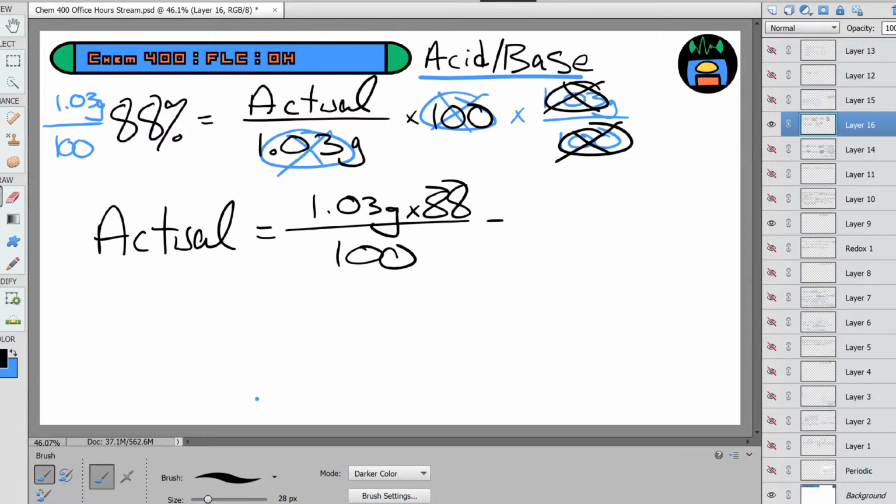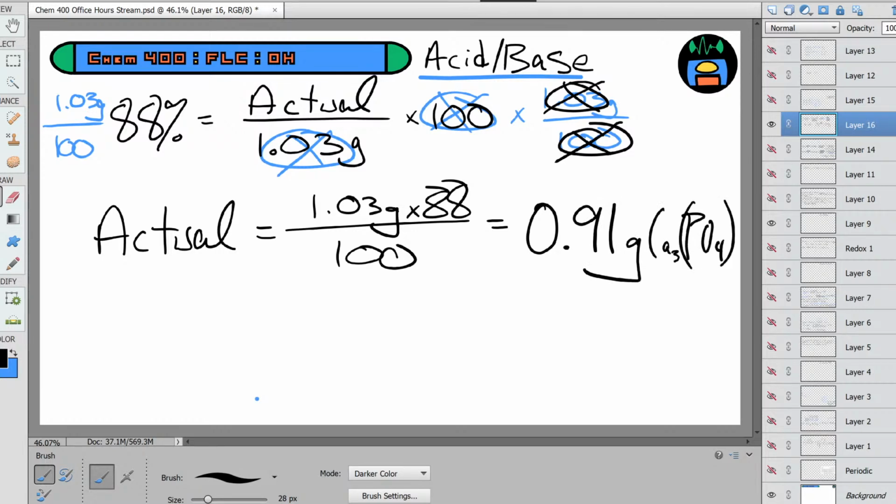Yep, and this is going to come out to be 0.91 grams of calcium phosphate.